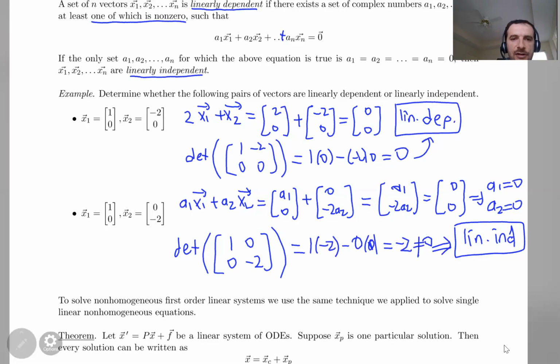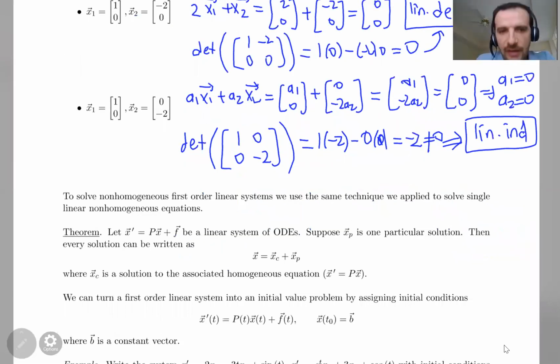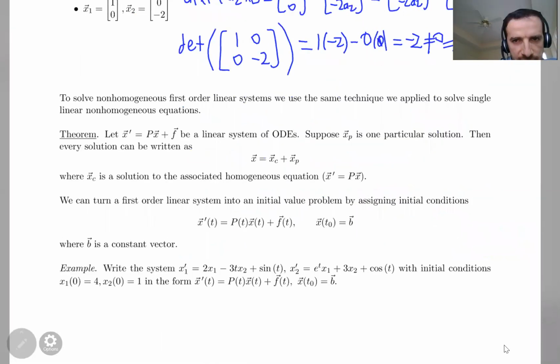All right, let's move on. Okay, how can we solve non-homogeneous first order linear systems? Again, as I said in the previous video, it is very similar to the way we solve non-homogeneous first order equations, okay? First order differential equations. So let's look at this theorem. We have x prime equals px plus f.